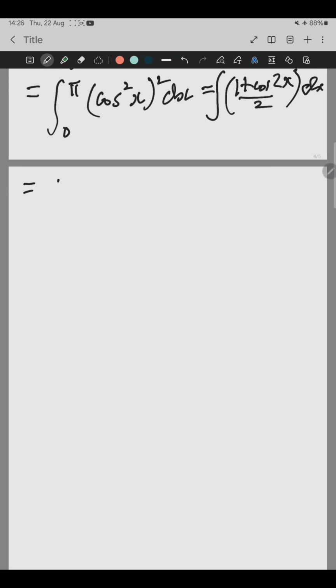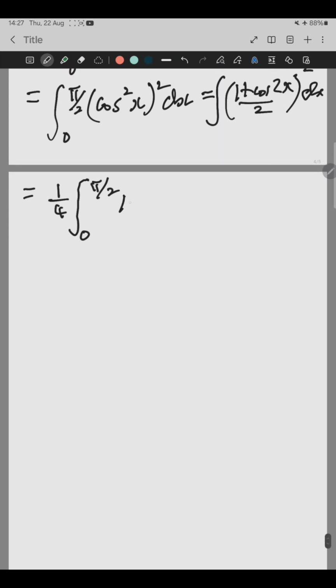We get 1/4, that's the 2 at the bottom, squared, the integral from 0 to pi over 2. Right, squaring out the bracket, that's 1 plus 2 cos 2x plus cos squared 2x dx.